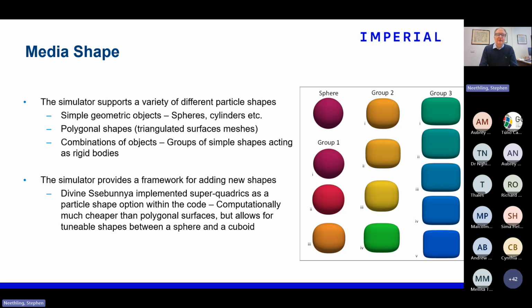These are parameterized shapes that are between a sphere and a cuboid. And of course, the advantage here is it's computationally much cheaper than trying to represent these shapes using a meshed surface, where the code will be relatively slow.